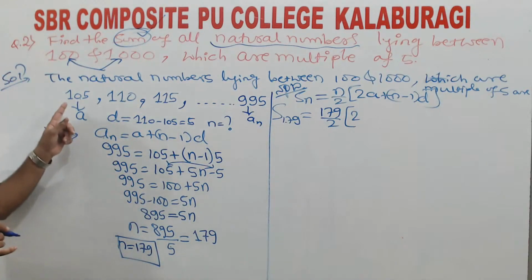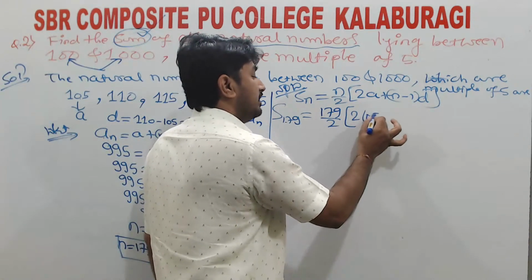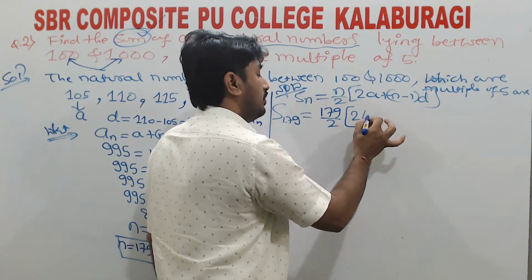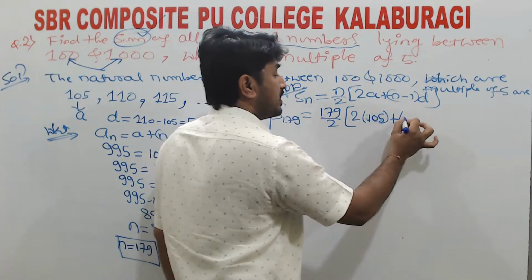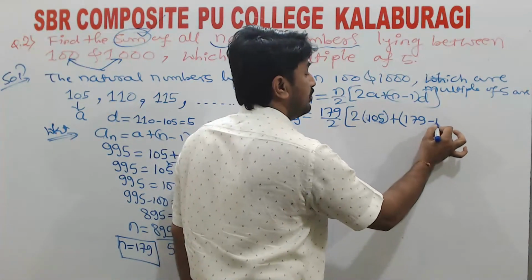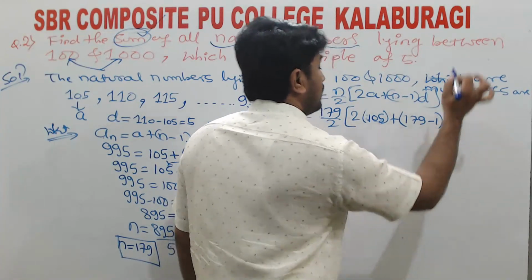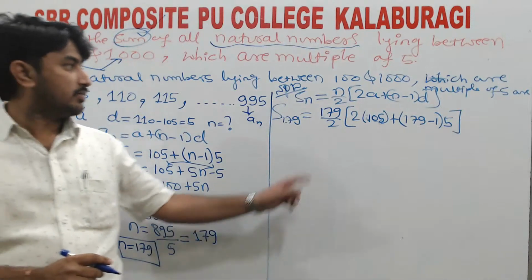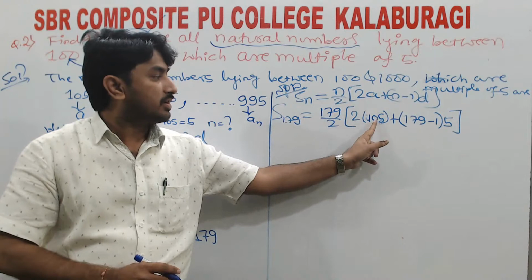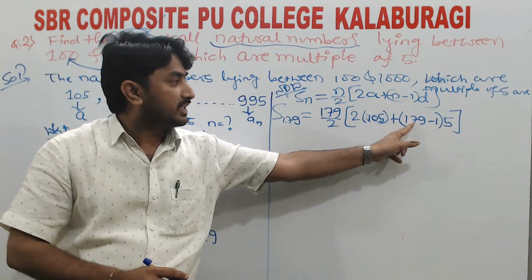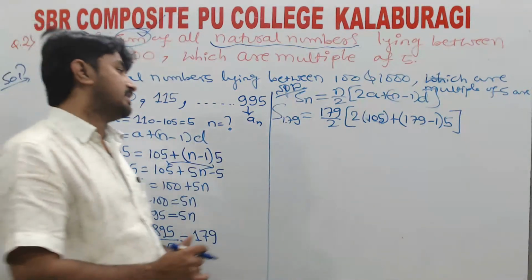The value of the first term is 105, the value of n is 179 and the value of the common difference is 5. Simplify this one.